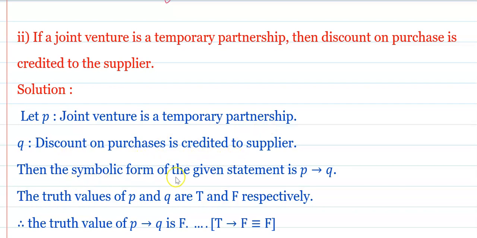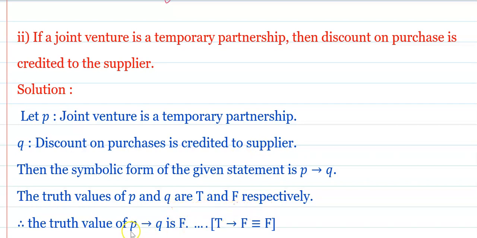Then the symbolic form of the given statement is P implies Q. Now the truth value of P and Q: P is true. Joint venture is a temporary partnership. And the truth value of the discount on the purchase is credited to the supplier is false. It is to the customer. Therefore, I think that it is F. The truth value of Q is F.